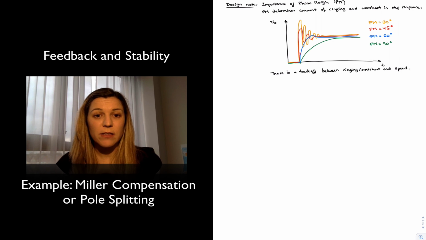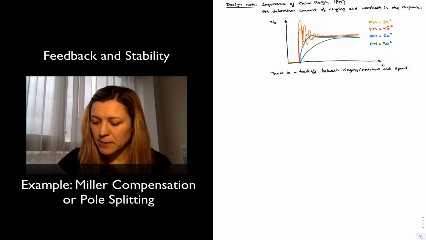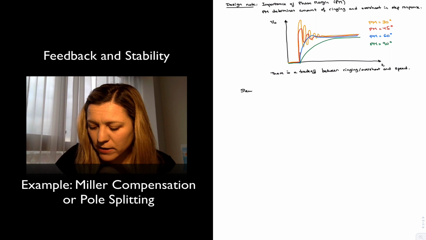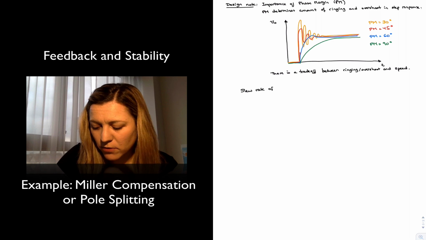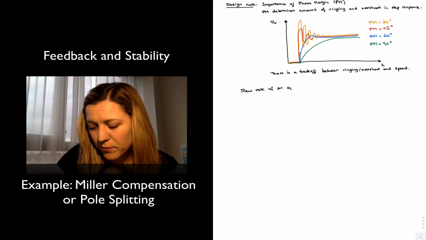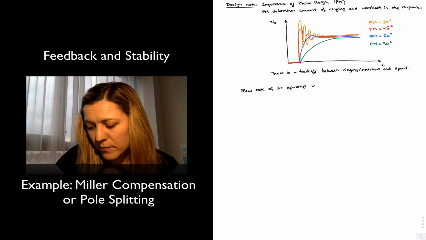And the reason for that is the slew rate of an op-amp is directly related to that compensation capacitor. Specifically, perhaps the slew rate of an op-amp is related to the compensation capacitor.